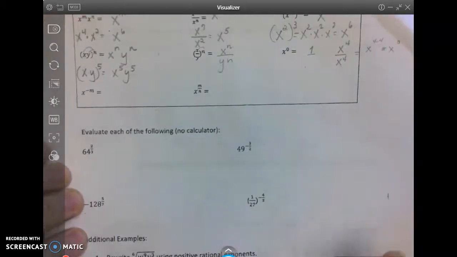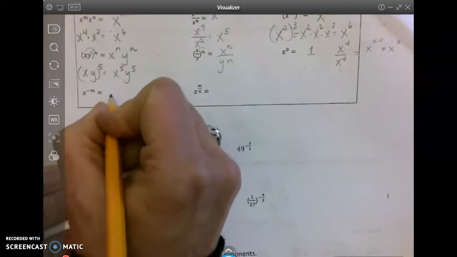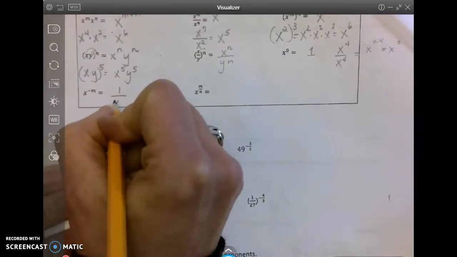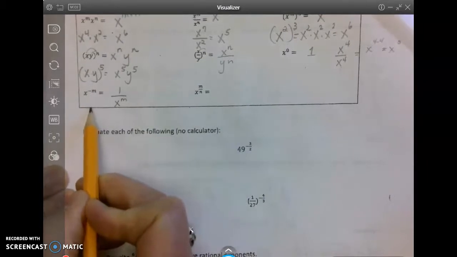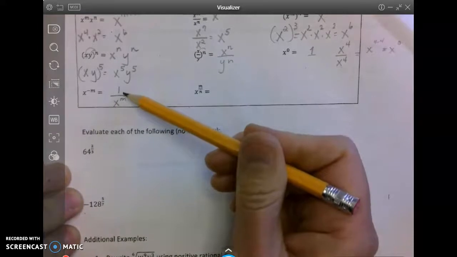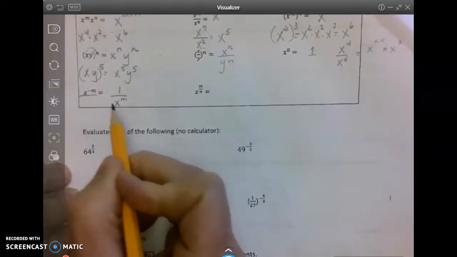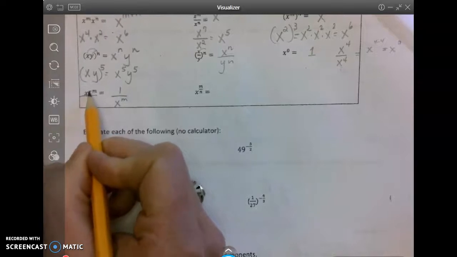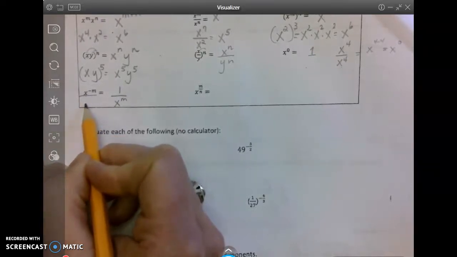X to the negative m, we're going to use this property a lot, is 1 over x to the positive m. When I learned this property, my teacher always said, cross the line, change the sign, meaning cross the division line here. So if you're in the numerator and you move to the denominator, it changes the sign.